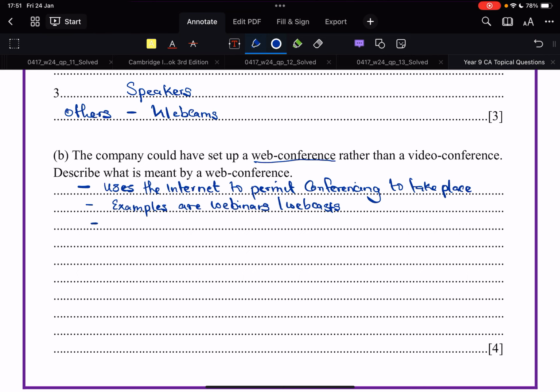It also allows text communication, that is chatting verbally.